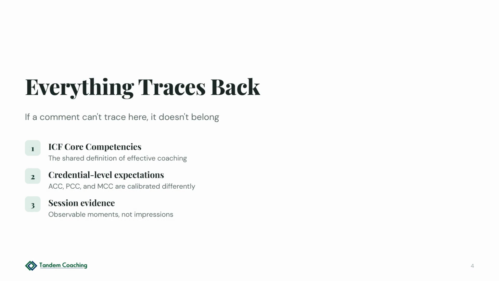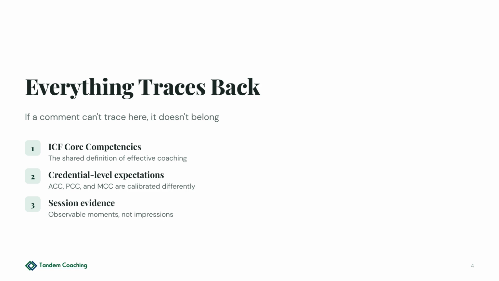So what keeps you on the right side of that line? Everything you write traces back to 3 anchors. And if it can't trace, it doesn't belong in the conversation. 1, the ICF core competencies.